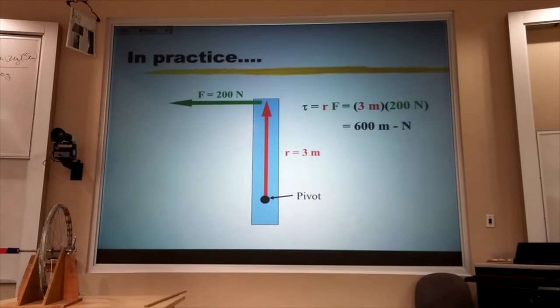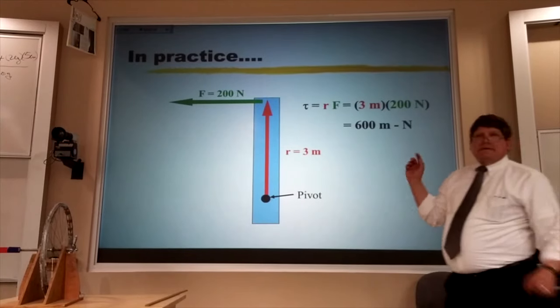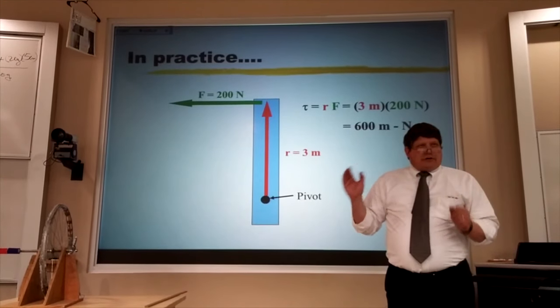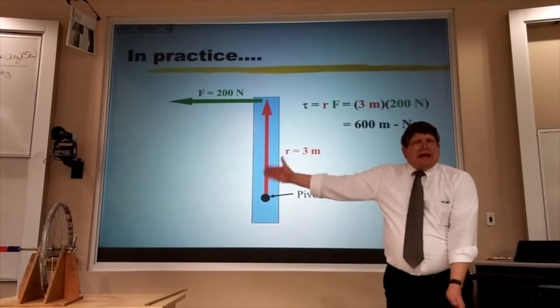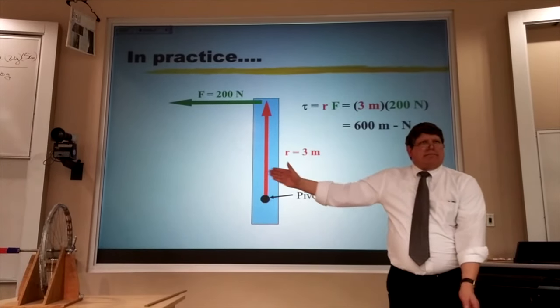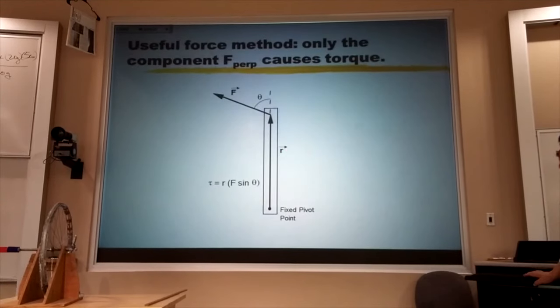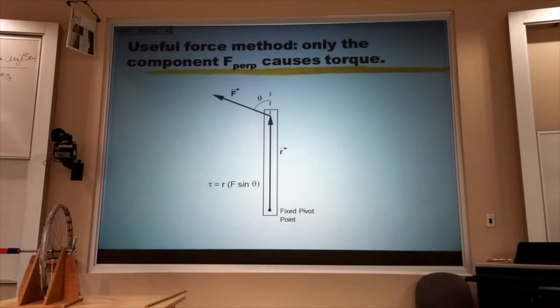Now again, I can't say this enough. A torque is a force times the distance to the pivot, but they have to be perpendicular to each other. So what if they're not? Well, we have two options. The first option we call the useful force method.